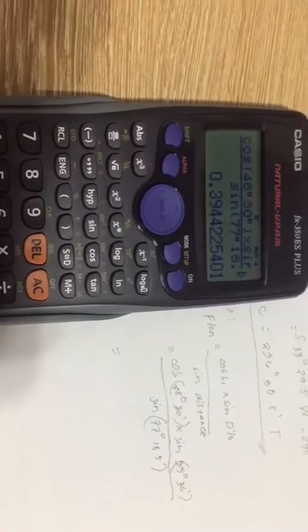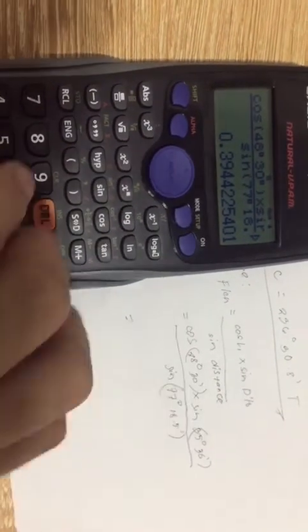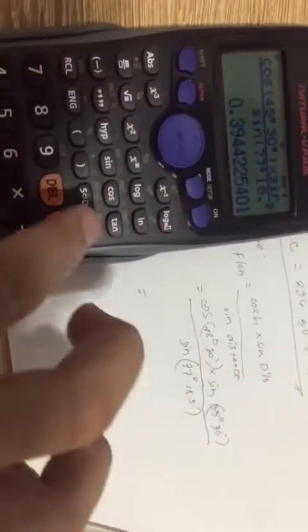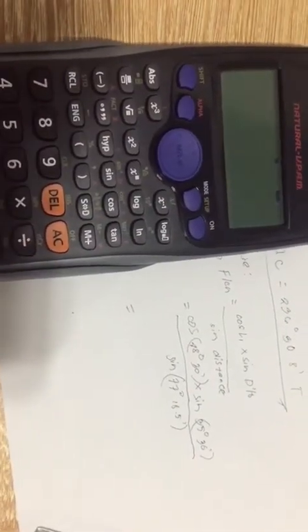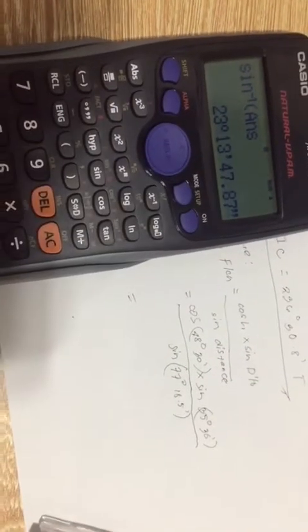After getting that, we will shift sine, inverse sine is equal to, convert it to degrees.